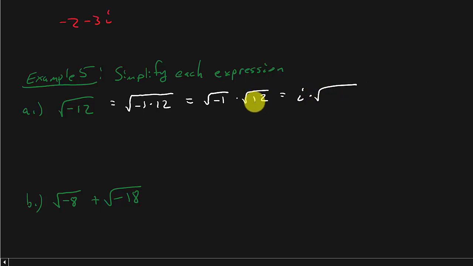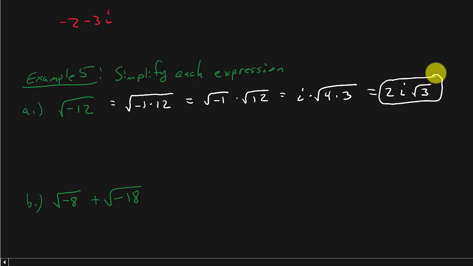Now, I need to simplify that, don't I? 12 is 4 times 3, and the square root of 4 is 2. So that's going to be 2 times i times the square root of 3. And there's your answer. Okay.